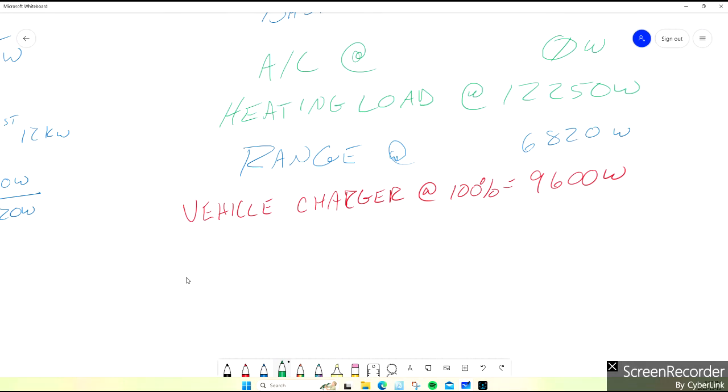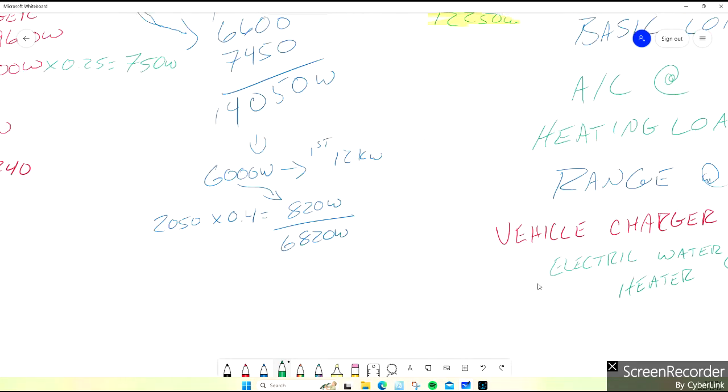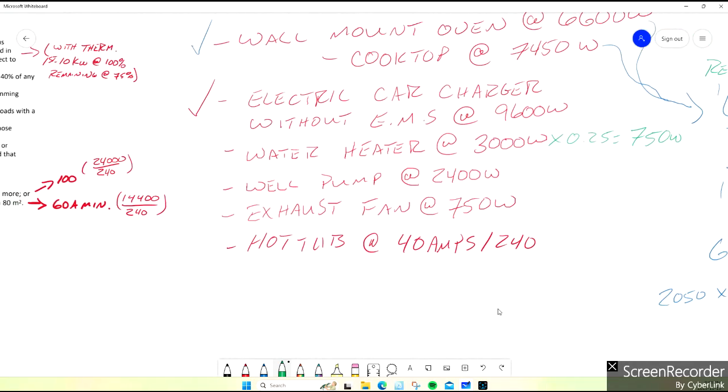So electric water heater, at 25%, therefore 750 watts. Okay, that one's done.